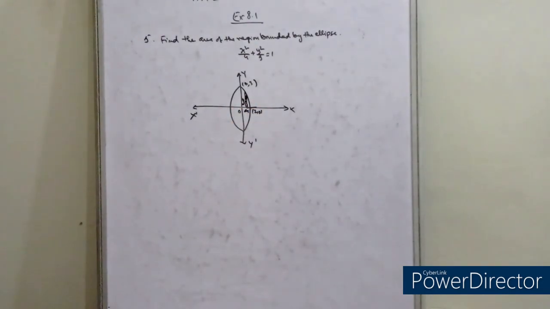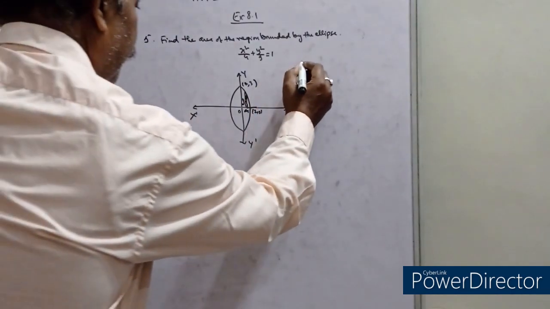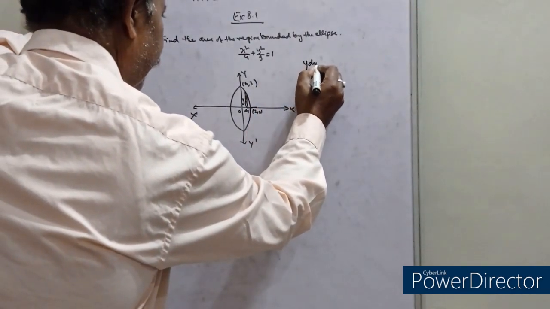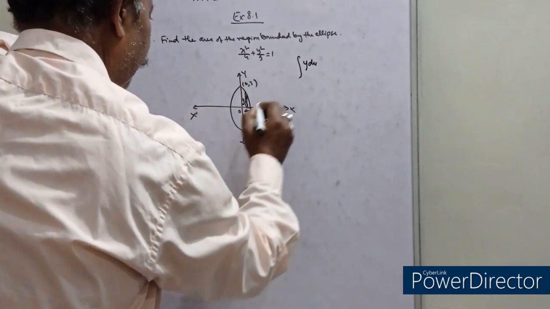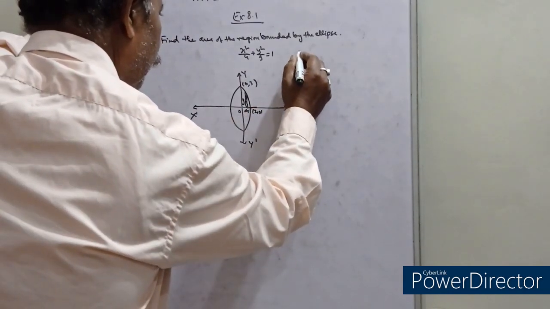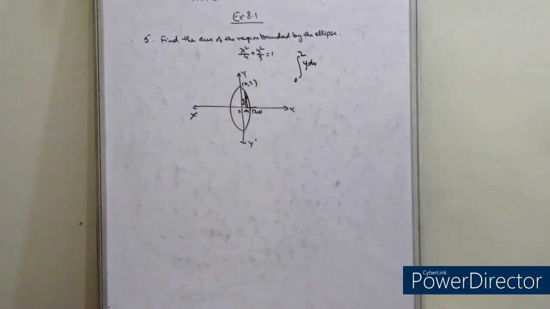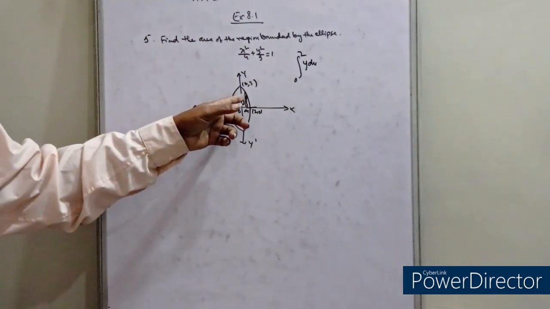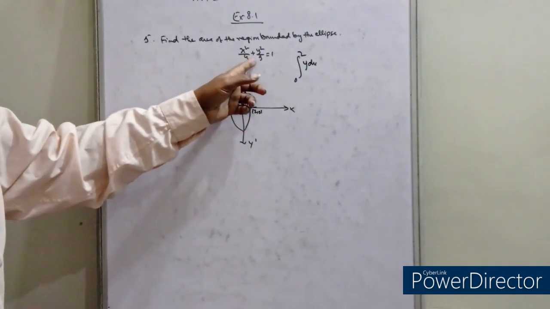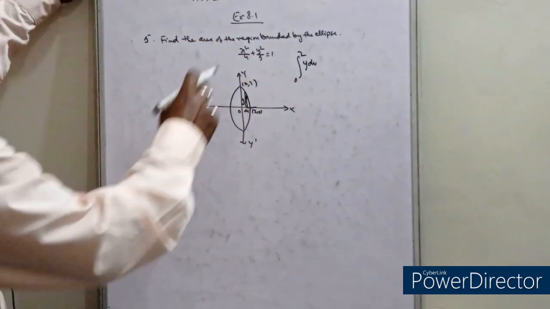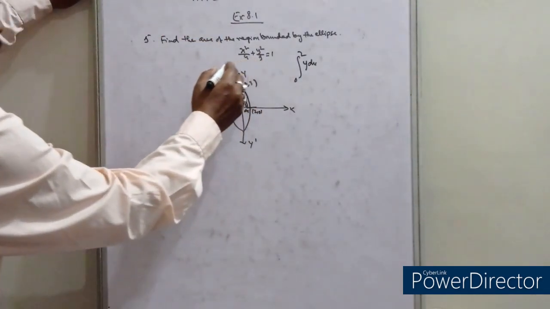So now the area will be summation of y dx, that means integration from 0 to 2. I will find out only the first quadrant, and since it is a symmetrical figure, I will multiply it by 4.